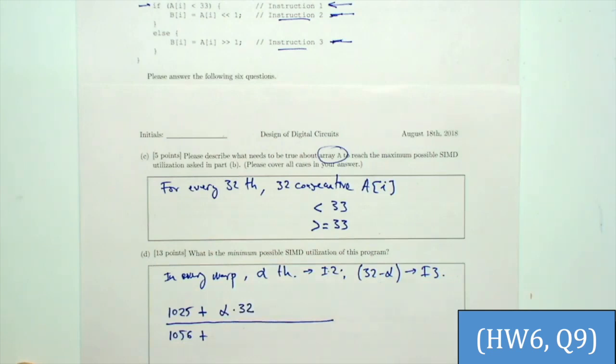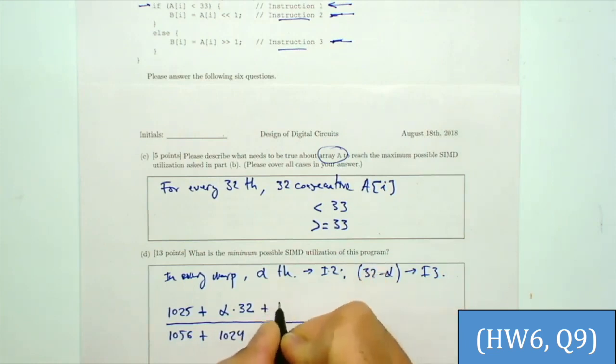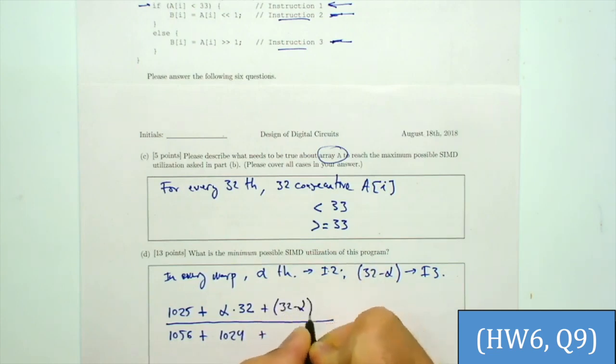We will talk about the last warp with one single thread active at the end. And this is out of 1024, which is 32 times 32. And then instruction 3 is executed by 32 minus alpha times 32 threads, and we divide by 1024.